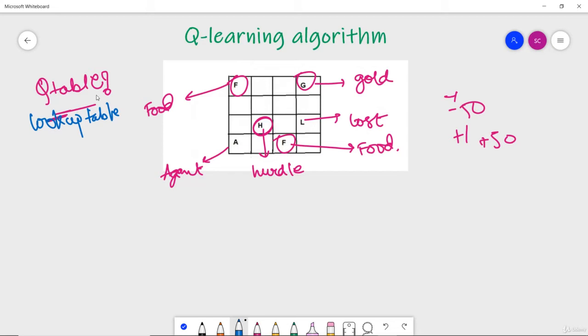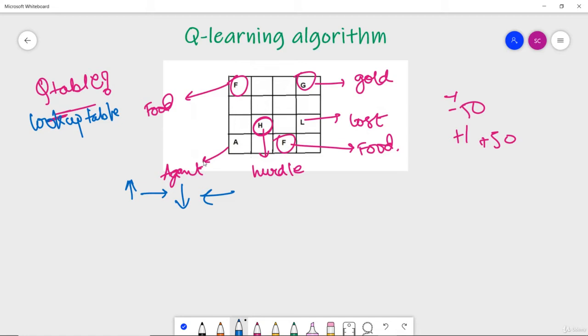That means there are 4 choices for the agent to move: it can move upwards, to this side, downwards, or to the left side. These are the actions, and according to that it will move. So the Q table is actually an iterative process used to maximize the expected future reward for the agent for each state and action. We try to improve the Q table with each iteration.